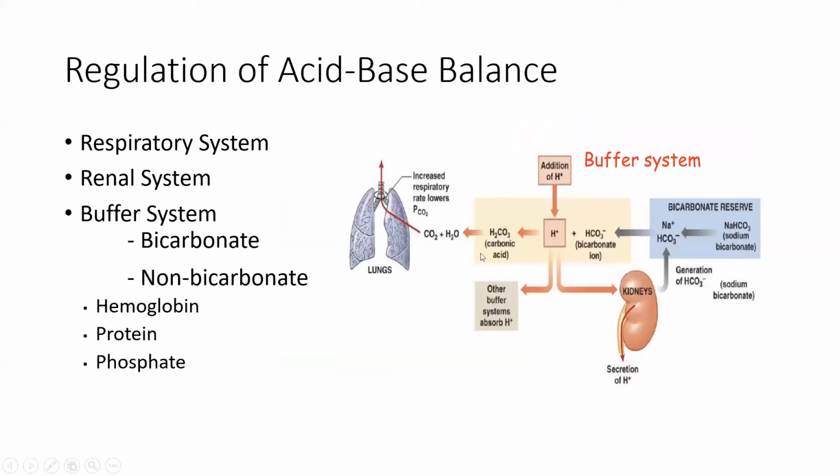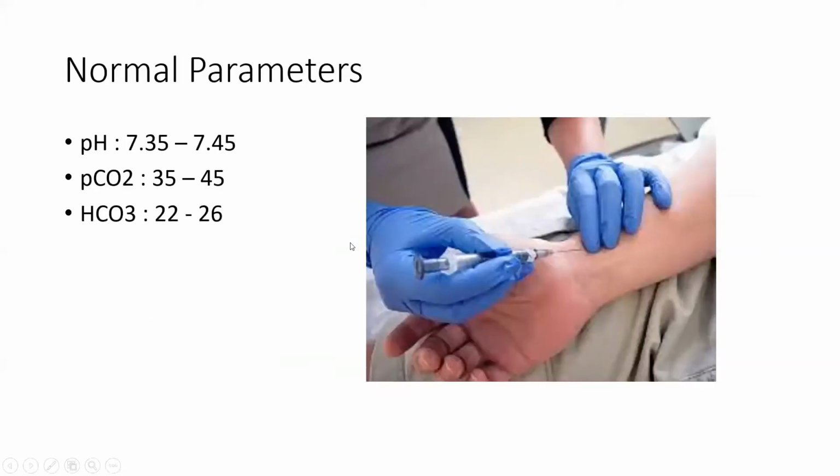So if you see here, let's say this is your body, the regulation of acid-base balance by the respiratory system is via your CO2, and the kidney will be the excretion of hydrogen ions, as well as the reclamation of bicarb. The normal parameters that we all know: pH is 7.35 to 7.45, PCO2 35 to 45, and bicarb 22 to 26.